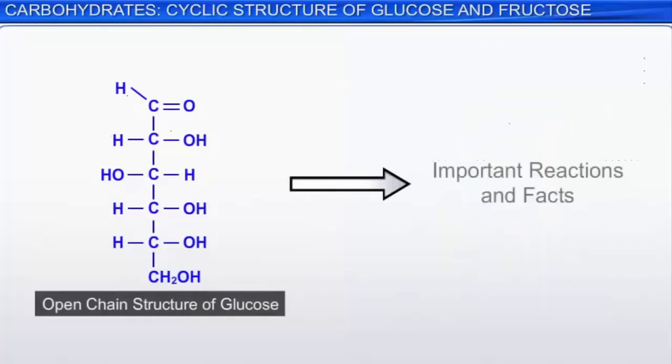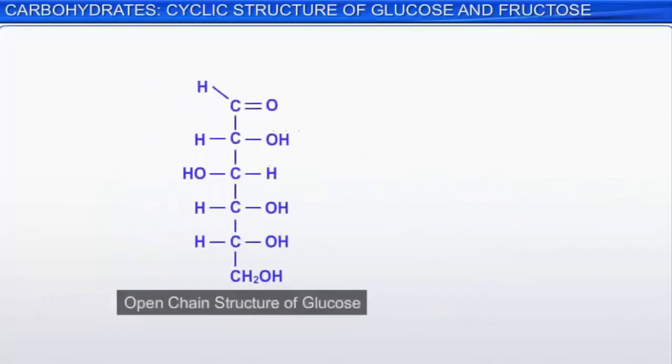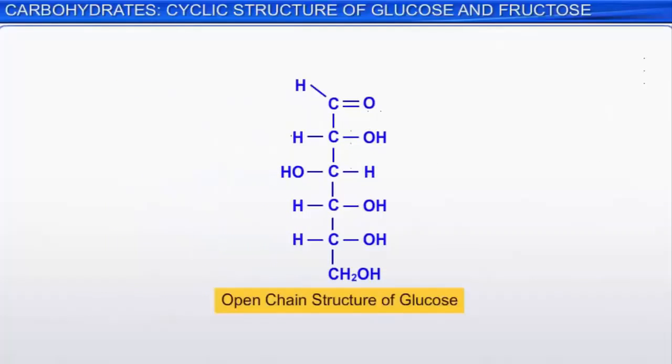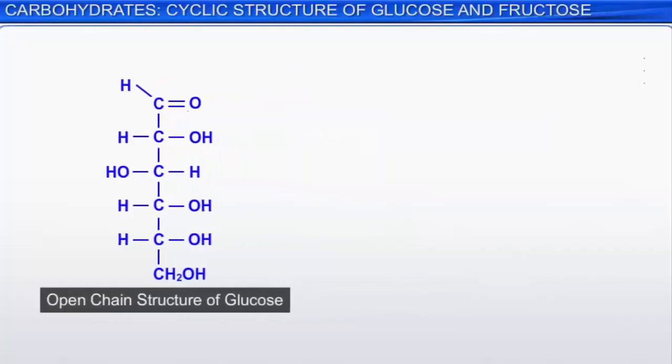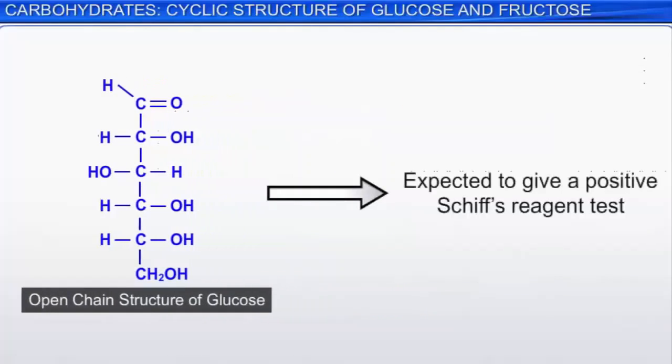Let us first look at certain important reactions that were not explained by the open chain structure. The open chain structure of glucose has an aldehydic group. Hence, it is expected to give a positive Schiff's reagent test.